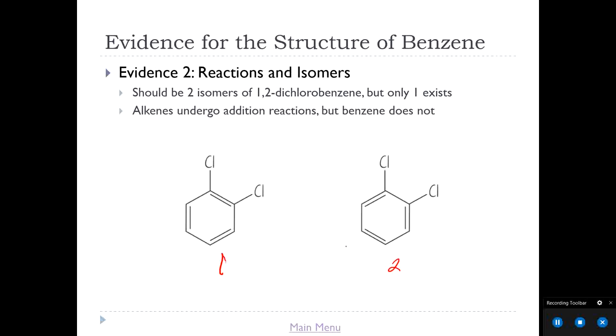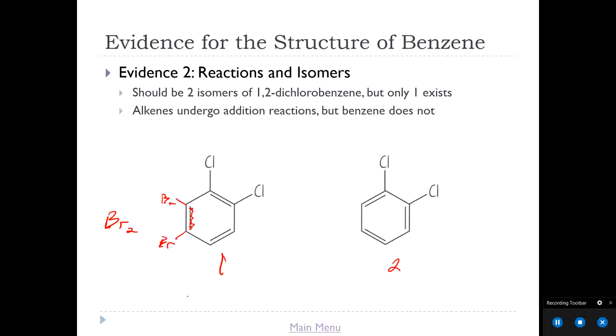Only one existed. And the next piece of evidence is that if you remember from our lesson in alkenes, if we added to benzene, for example, a bromine, we should be able to get the addition of bromine across either side here. So remember the double bond would break, and we would get the addition of bromine, and it's an alkene, that makes sense.